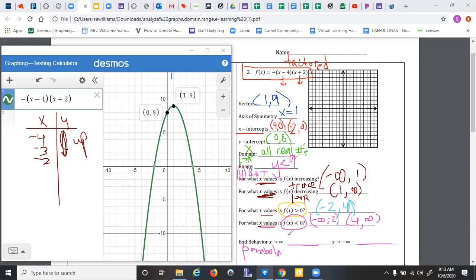Remember, f of x and y are the same thing. So f of x goes to negative infinity because the parabola opens down. And it does the same thing at this end. So both ends point down. For both blanks, you say f of x goes to negative infinity.